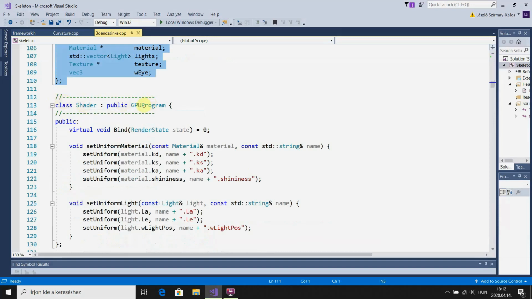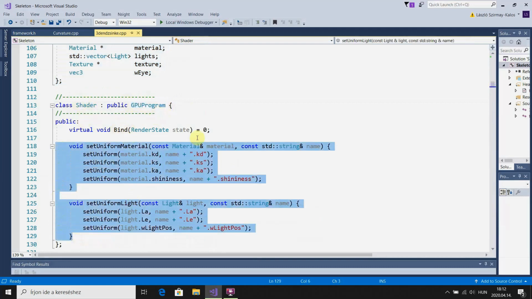Our shader is a GPU program. A GPU program can handle shader programs written in the GLSL language. The GPU program compiles them, links them, makes them active, and forces them to run on the GPU. In addition to these general features, our shader just adds two functions that initialize the material properties and light source properties as uniform variables.